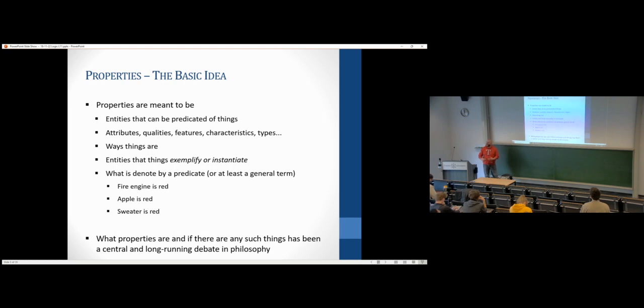Or if not the whole predicate, then at least what we might think of as a general term. So we have something like, hey, this fire engine's red. This apple's red. My sweater is red. Awesome. So the "is red" here, what's that expressing? It's expressing the property of redness. Again, these are super duper rough and ready, and what we're going to try and do is characterize them a bit more as we go, but this is roughly what properties are meant to be or meant to do.